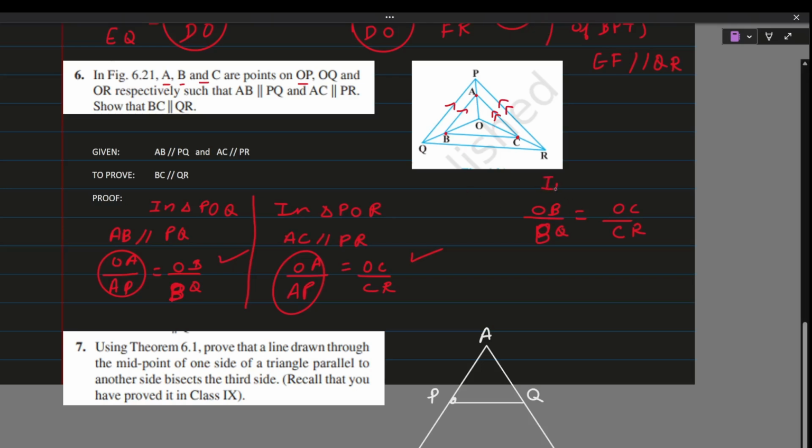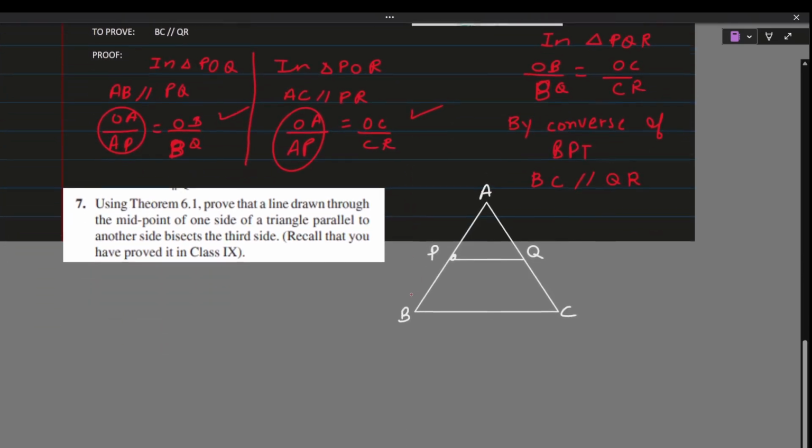So in triangle OQR we have got that OB by BQ is equal to OC by CR. So from here, by converse of BPT, we can say that BC is parallel to QR. Hence it is proved.